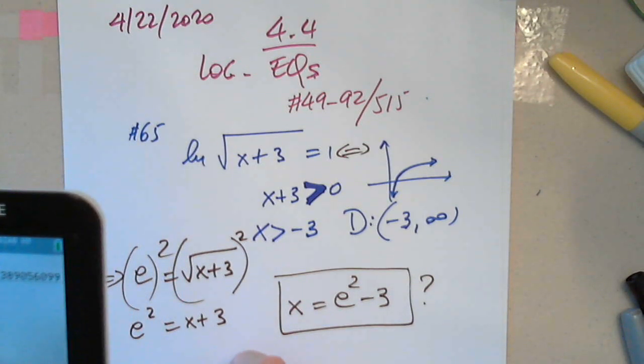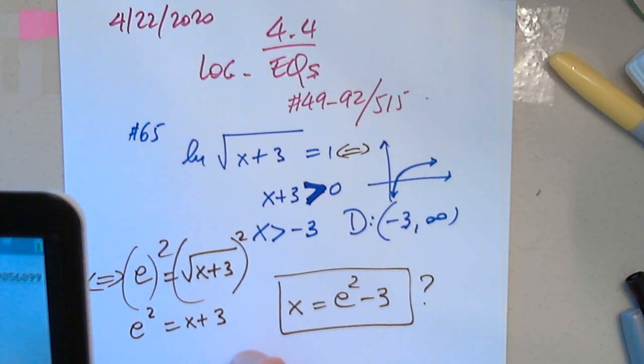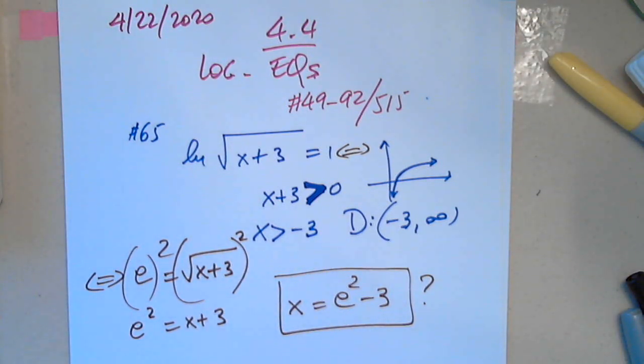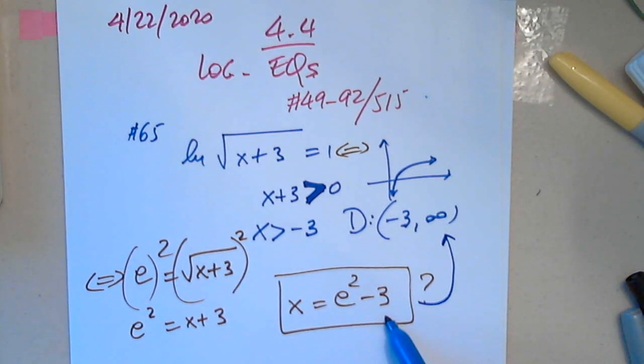Should be something like 5-ish. 4.39. So obviously, this is a yes, because it's a number greater than -3. So the answer is acceptable. And so x equals e squared minus 3 is the whole answer, and that's the exact.